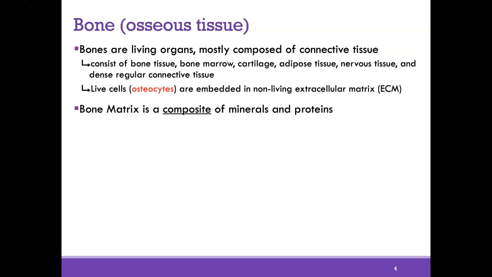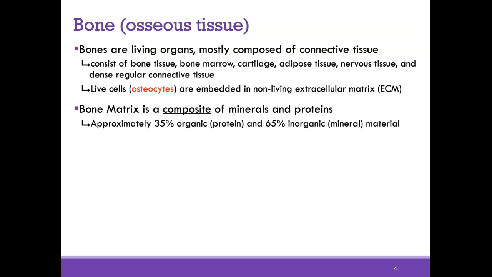So this matrix of bone is a composite of minerals and proteins. Composite meaning it's a combination. So the matrix of bone is not just minerals, not just proteins. It's approximately 35% organic protein and about 65% inorganic mineral. And the organic component is collagen specifically.